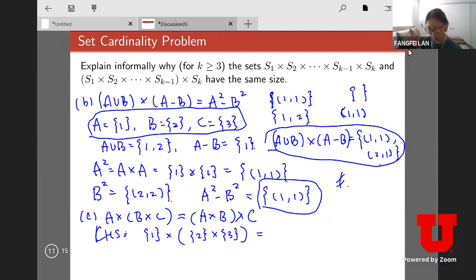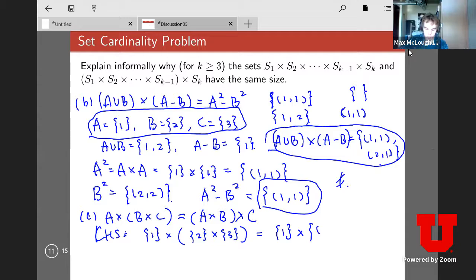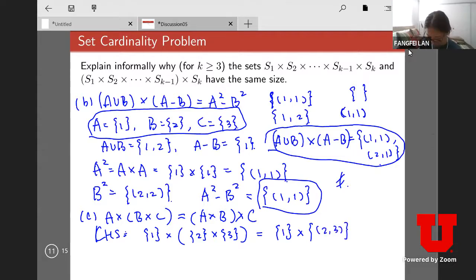We have the order of operation: the thing inside the parentheses we would do first. So what is 2 cross 3? What would the set look like? (2, 3). Yep, an element (2, 3) inside.